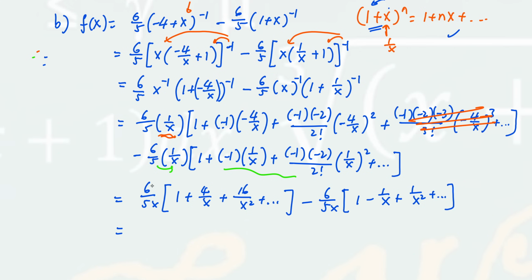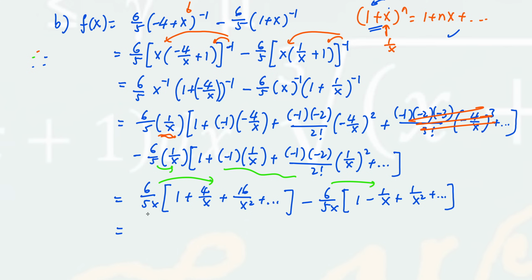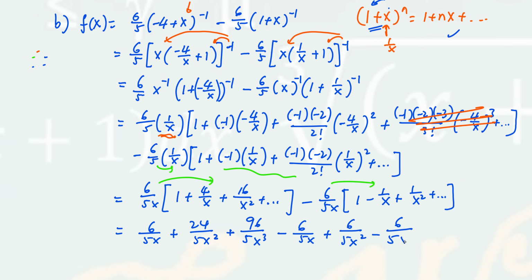Okay, so then now again expand. Do expansion, multiply. Then the first bracket will give you these three terms: 6 over 5x plus 24 over 5x squared plus 96 over 5x cubed. Okay, the plus dot dot dot, ignore it first, then just combine with the second expansion. There is going to be negative 6 over 5x plus 6 over 5x squared minus 6 over 5x cubed.